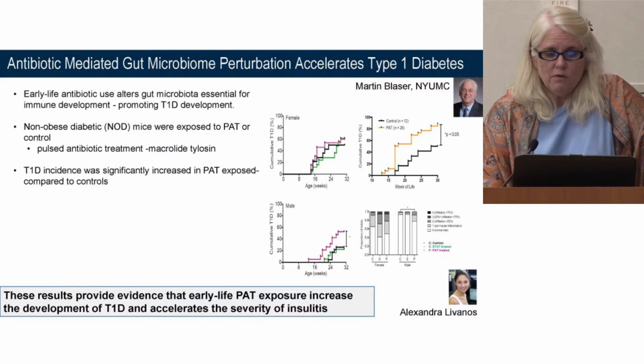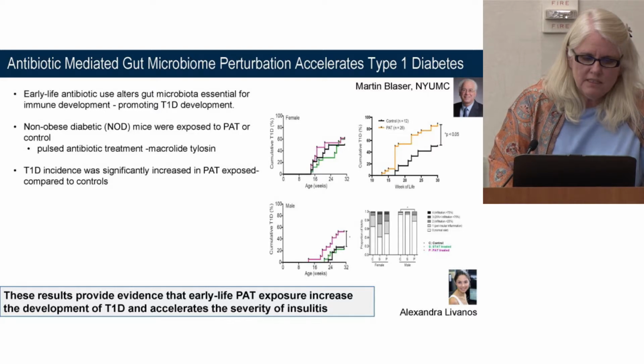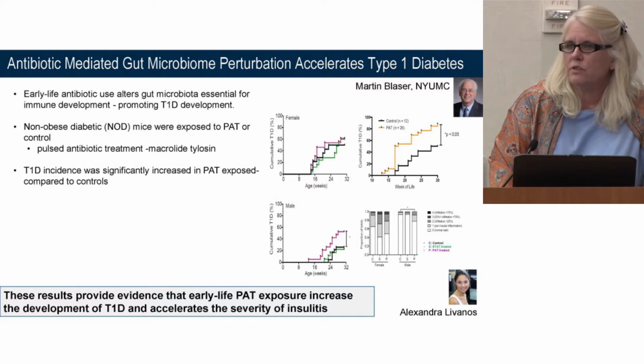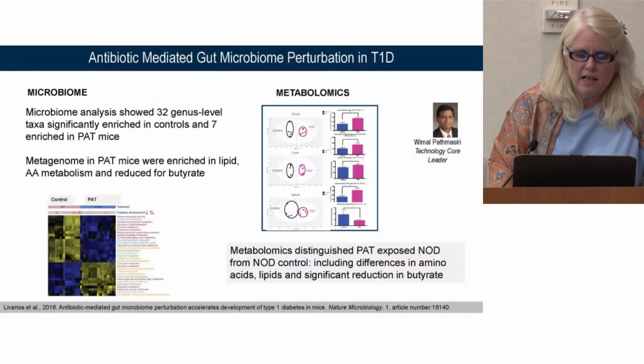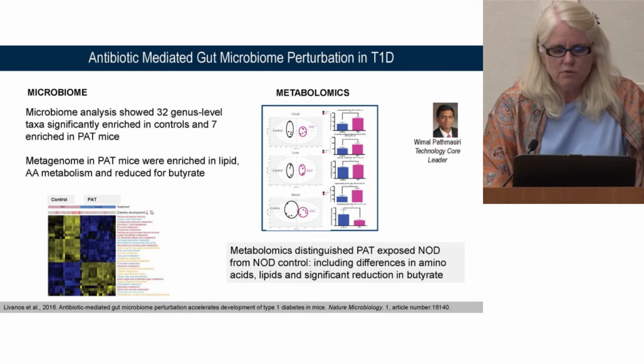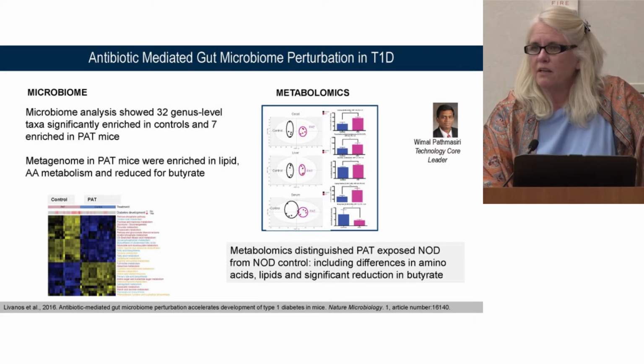In his model, which you've probably seen some of his work published if you're following this antibiotic literature, he sees the incidence of type 1 diabetes was increased in the antibiotic-exposed animals compared with the control animals. Martin Blaser's group has done all the microbiome work related to this study, and they were able to show in metagenome analysis the antibiotic-exposed mice were enriched in lipid and amino acid metabolism, and reduced for butyrate.